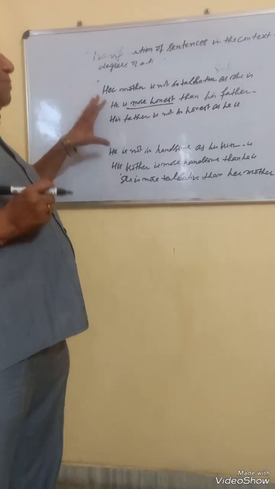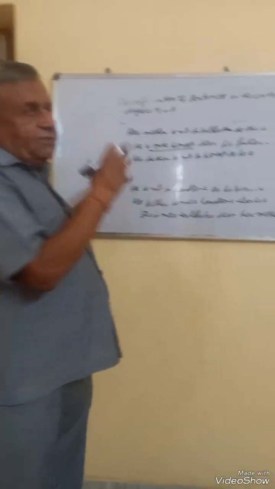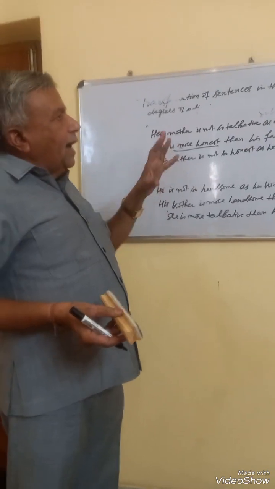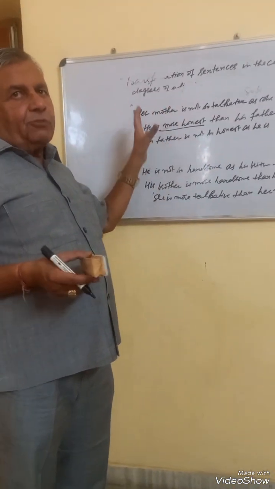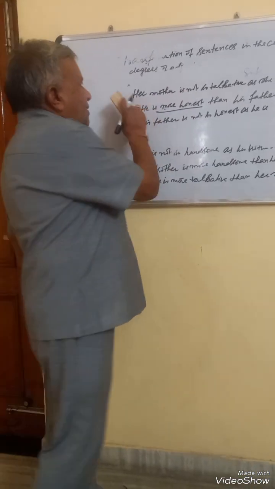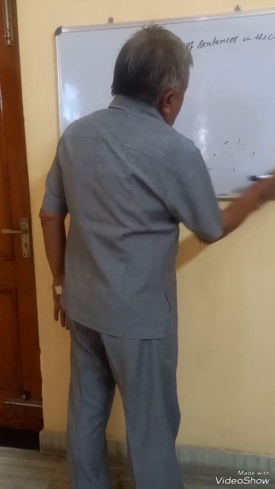Until now, we have simply discussed the change between positive and comparative degree. If there is superlative degree, how that superlative degree can be changed into comparative and positive degree, this is also to be learned in this topic.